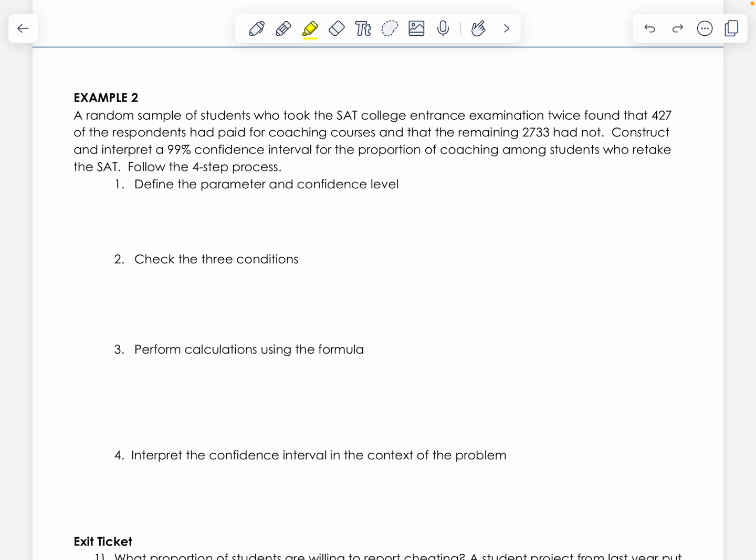So a random sample of students who took the SAT college entrance exam twice found that 427 of the respondents had paid for coaching courses and that the remaining 2,733 had not. Construct and interpret a 99% confidence interval for the proportion of coaching among students who retake the SAT.